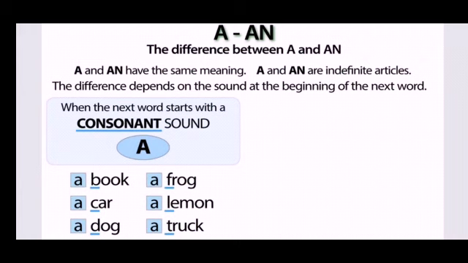The difference depends on the sound at the beginning of the next word. Already we discussed vowels and consonants. When the next word starts with a consonant sound, we use a. What are the vowels?